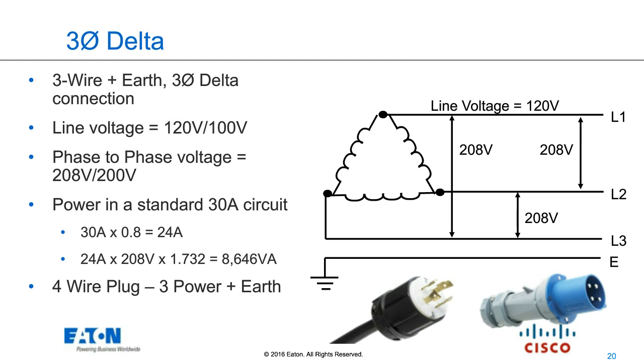In this example, the difference between each line, between line 1 and line 2 and line 3, or between line 1 and line 3, is 208 volts between all of those. Divide 208 by 1.73 and you get 120. That's where your single phase voltage would be if there was a neutral line.